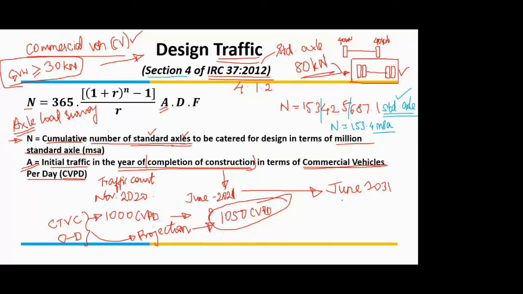So this is how you find out the A term, that is initial traffic in the year of completion of construction. Now we still have 4 more terms left, that is D, F, R and N, so we'll look into them in the next lecture.